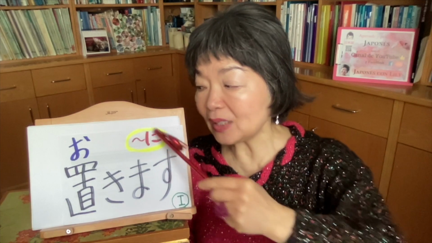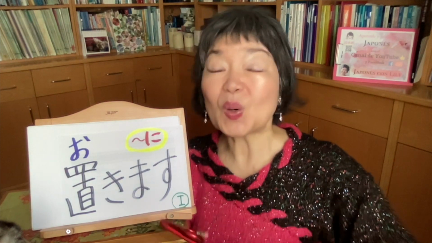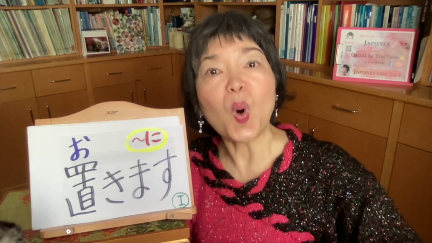And we need to use the particle に: place に置きます. And this is the group 1. So this き changed to いて. So 置きます, te form 置いて.